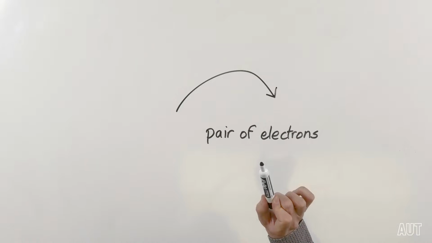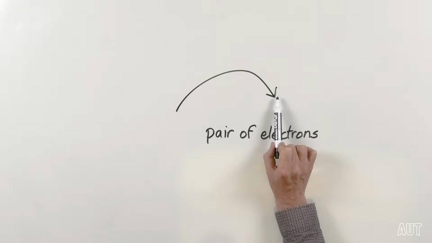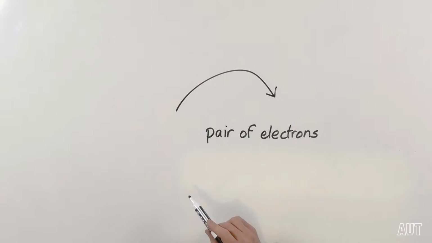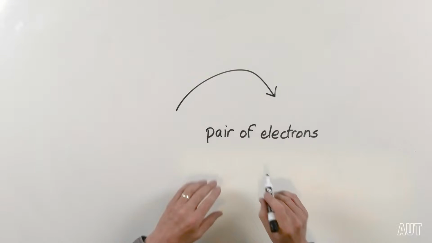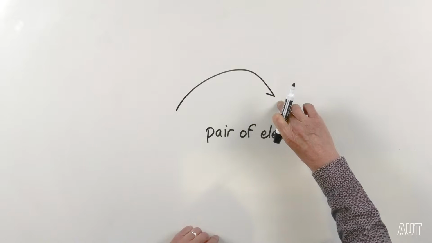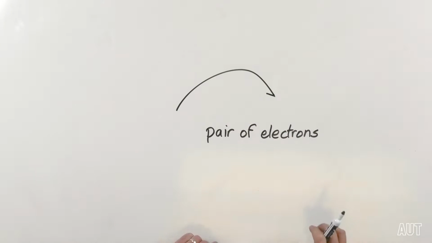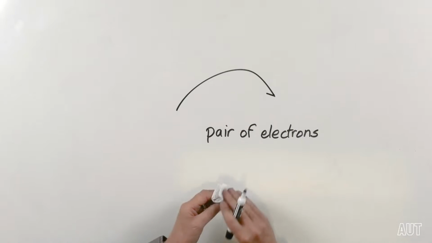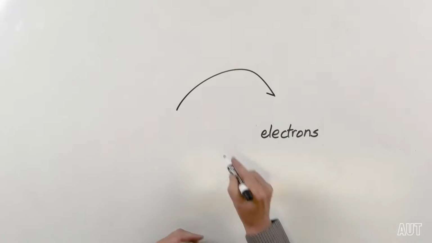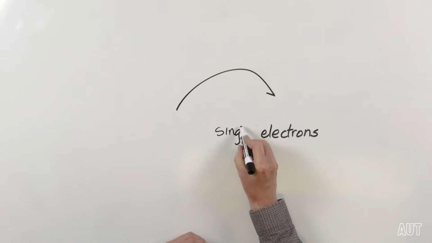Now, a two-headed mechanistic arrow, and by two-headed we mean that we've got the full arrowhead, shows the movement of a pair of electrons. If we have just a one barbed arrow, as it were, then that would be showing the movement of a single electron.